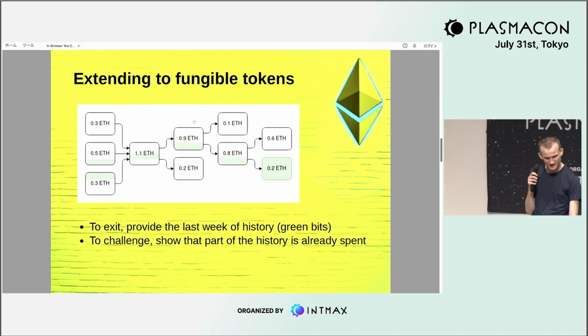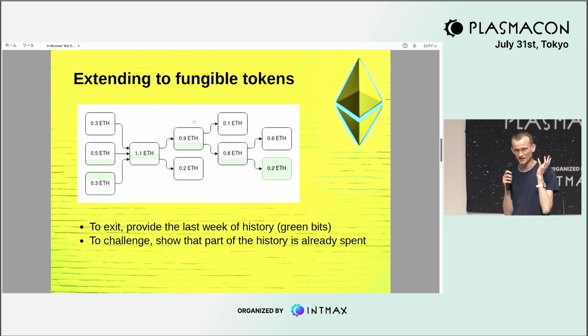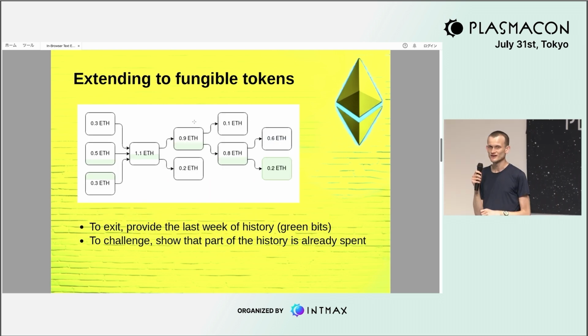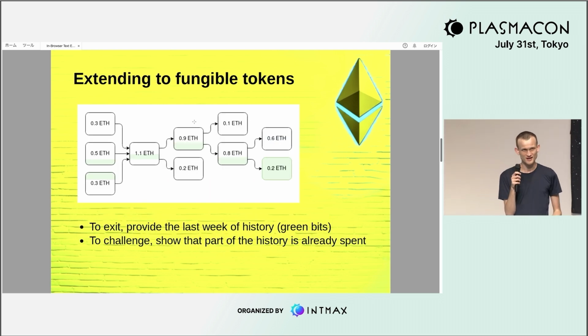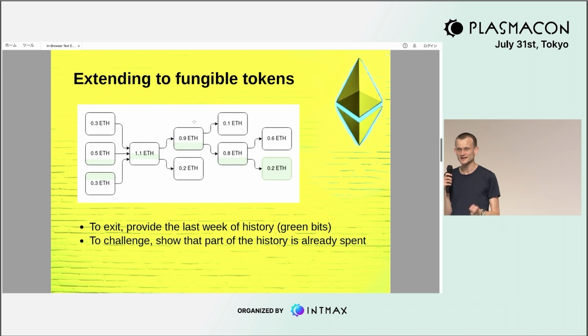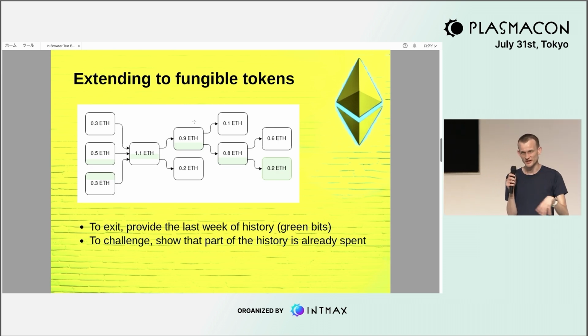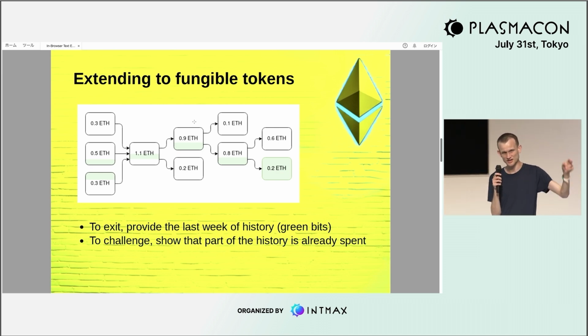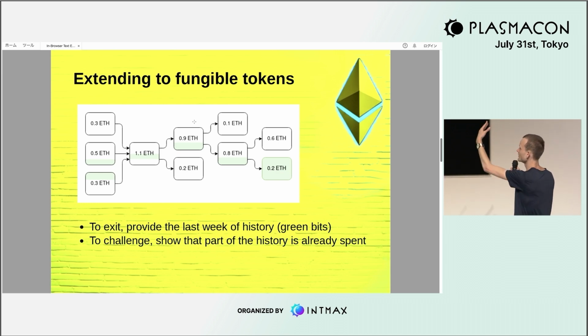If you want to extend these techniques to work well with fungible tokens, to work well with ETH, for example, then there are a lot of different ways to extend it. For an NFT, the history is always linear: Alice gives it to Bob, Bob gives it to Eve, Eve gives it to someone else. For a coin, you might have a graph.